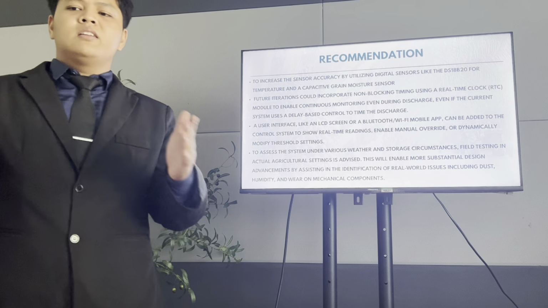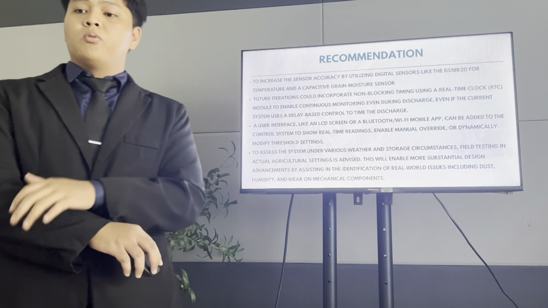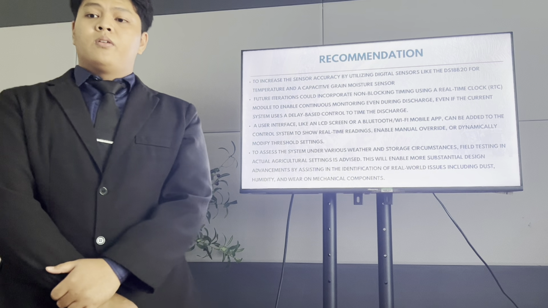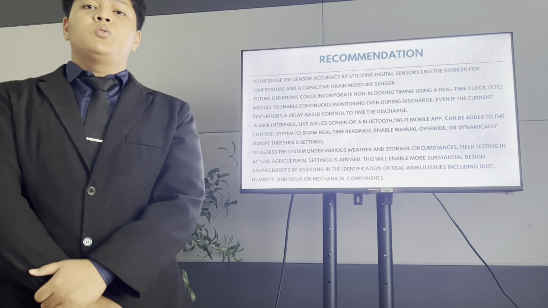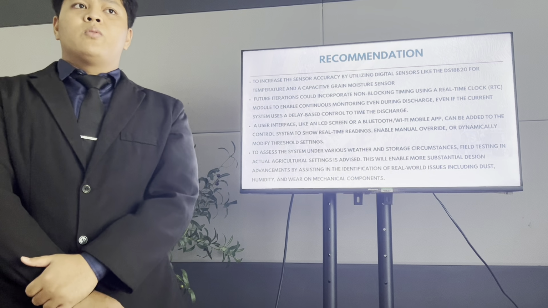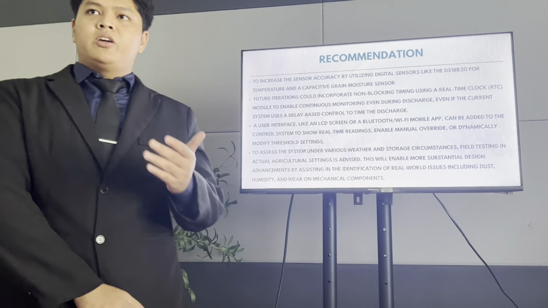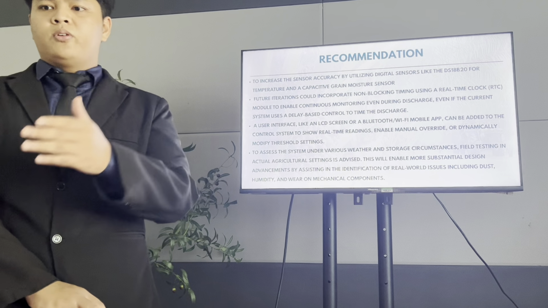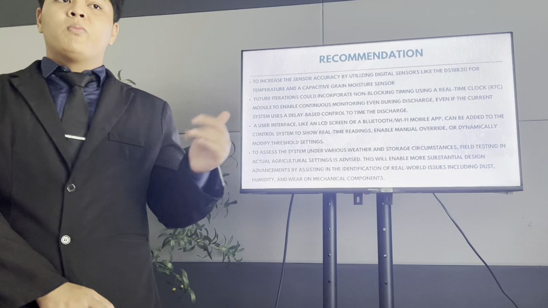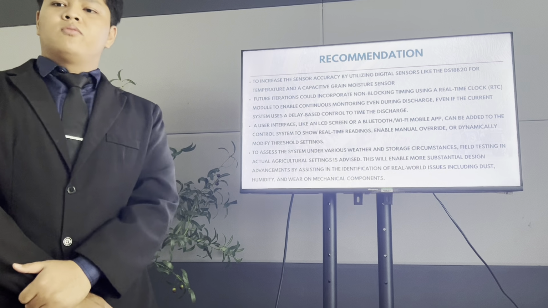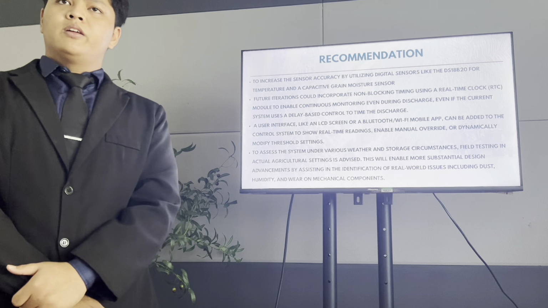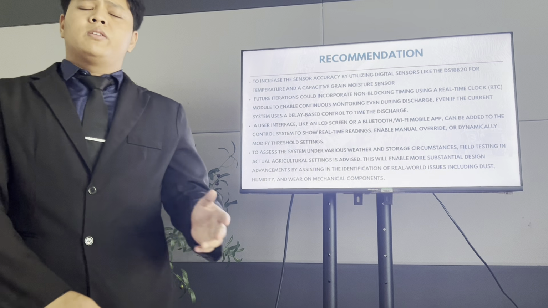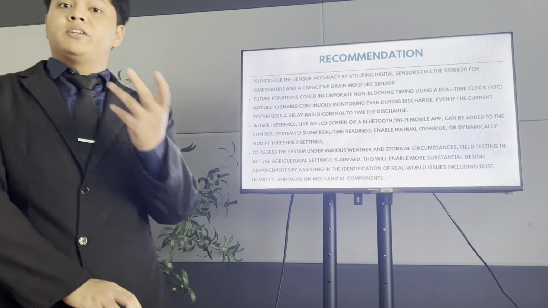With an LCD screen and or a Bluetooth Wi-Fi mobile app, we can check the temperature and moisture readings everywhere and anytime we want, especially with the Bluetooth and Wi-Fi mobile app. That is very helpful for the operator, and it will make the operator more alert about the condition of the kernel in the silo.